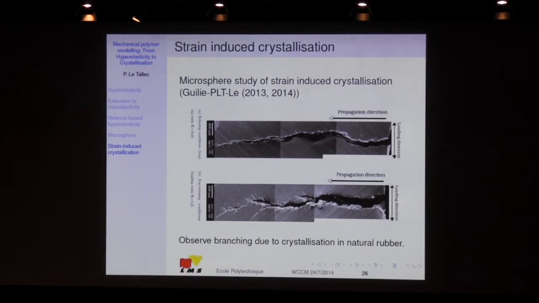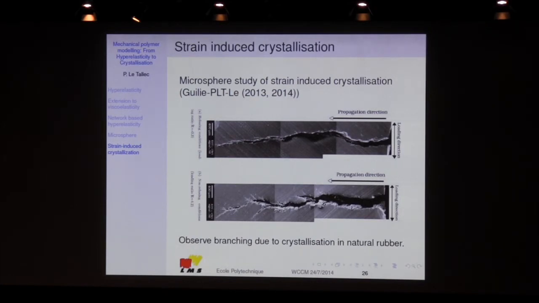You have very small crystallites forming. And this is very interesting because with crystallization, the crack propagation gets more difficult. So it gives a much better resistance to fatigue to a given tire because of this additional crystallization. So this is one reason why you have natural rubber in some tires.